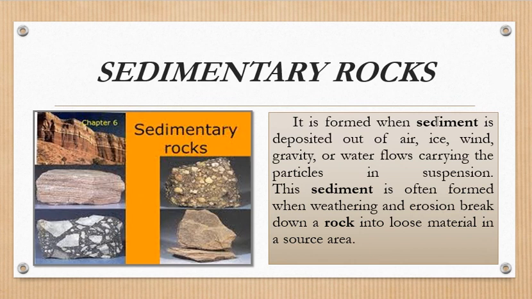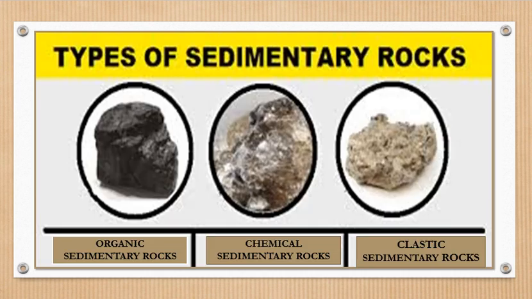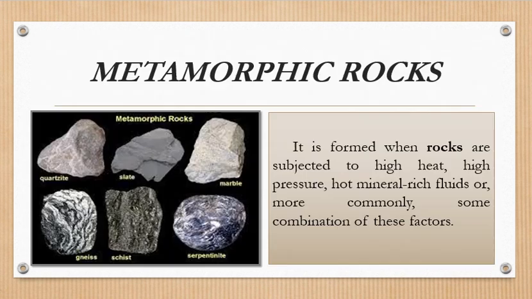They are formed by sediments or particles that undergo the process of lithification: deposition, compaction, and cementation. It could be of three types: organic, chemical, and clastic, depending on the sediments. And the third type of rocks is metamorphic.